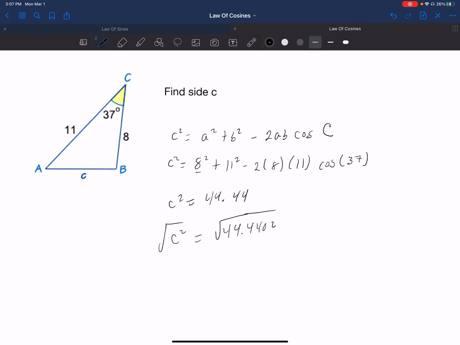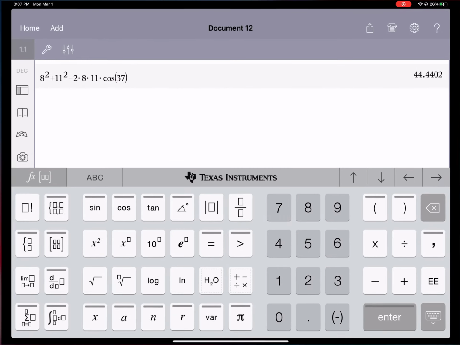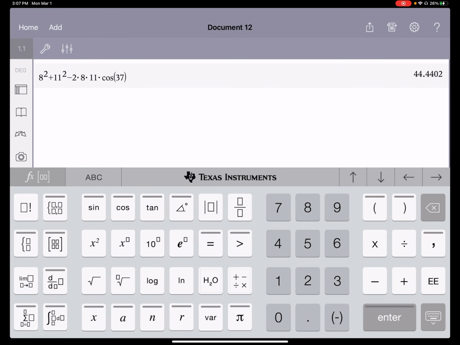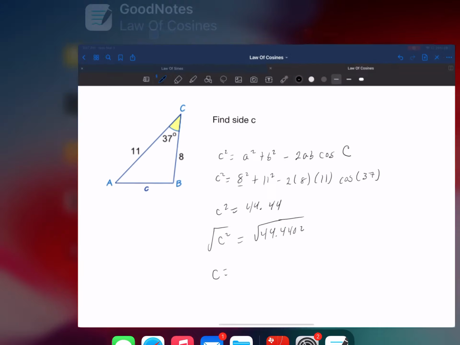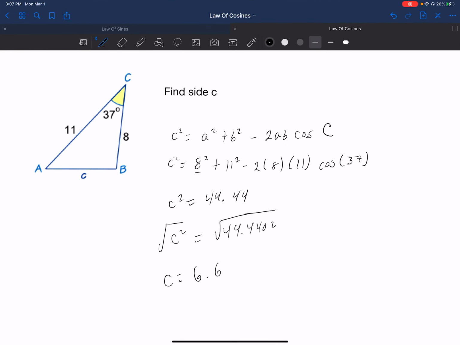What I like to do is put the square root function, then use my up arrow and press enter, so that way it will copy the whole decimal. That way I'm not rounding until the end. So when I do, my rounded answer will be 6.67. So that will be equal to c.